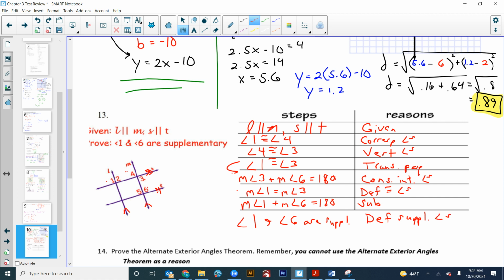We went from saying that their measures add up to 180 to saying in words they are supplementary. That's the definition of supplementary angles. Two angles whose measures add up to equal 180. Does that make sense? Again, there's other ways to get there. If you use the linear pair theorem, it's probably okay. If we have time, I can check it for you.